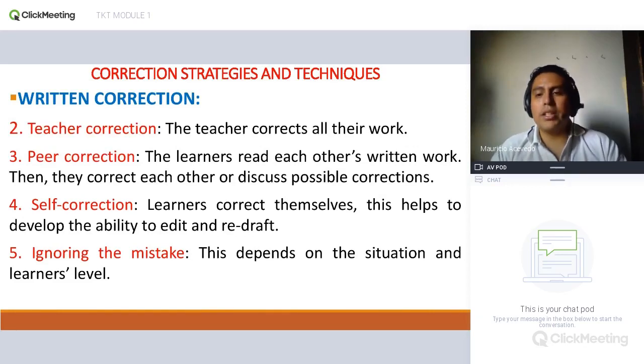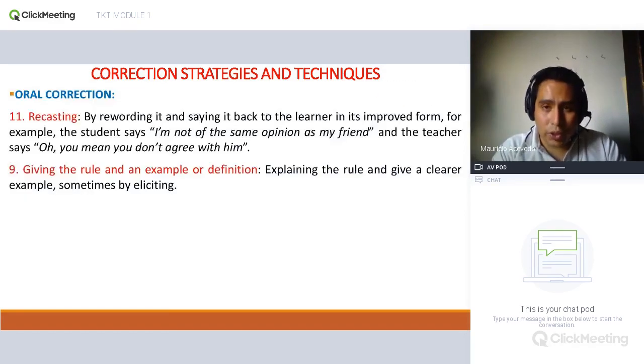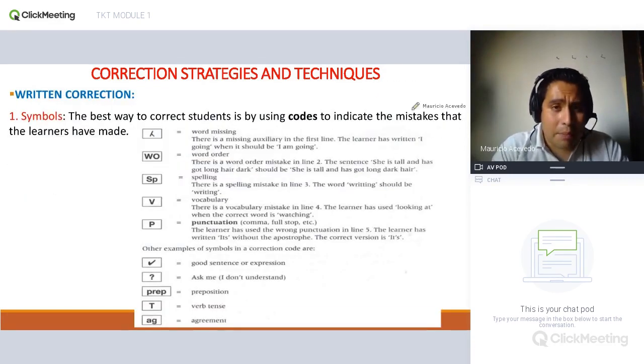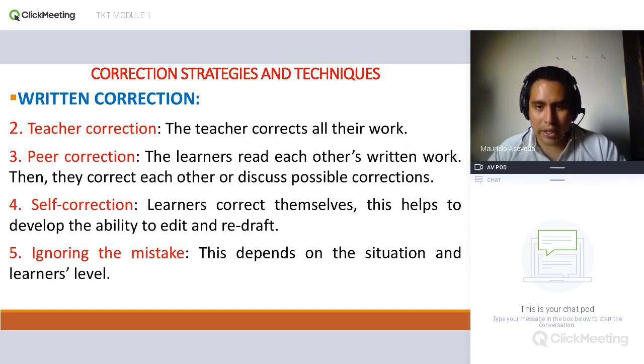Okay, teachers, very good. So I hope this is clear. This is how to correct students. We have already seen many, many techniques. We have already identified the most common ones, and I'm sure that you feel identified with the majority of them. I am so sure about it.